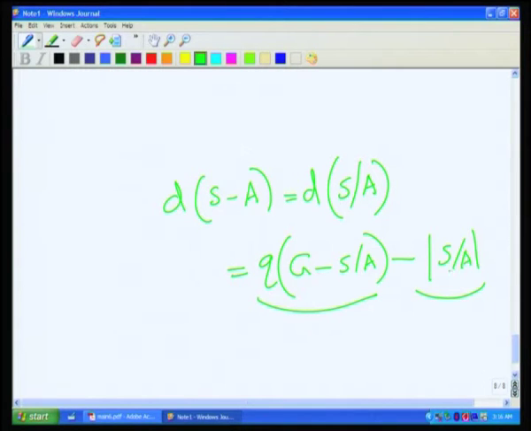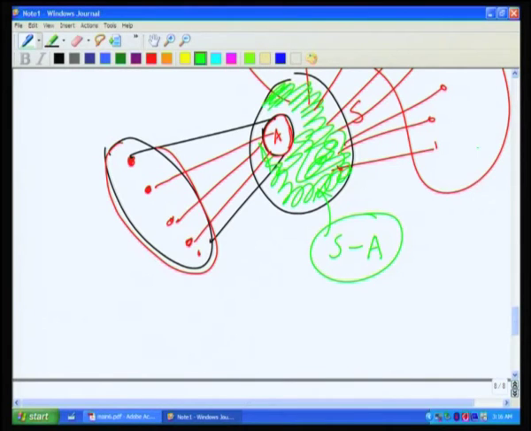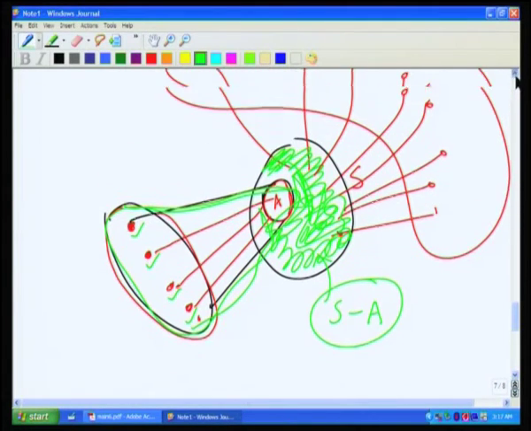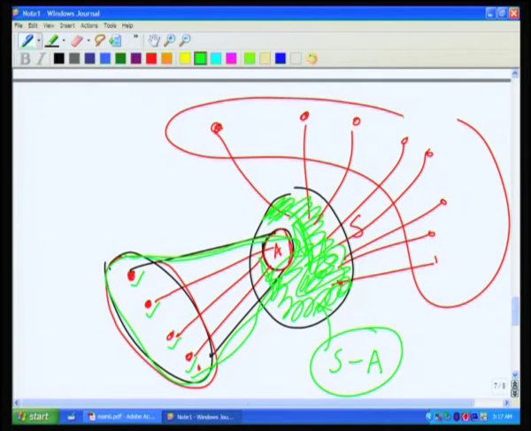Here these components will disappear from my count, because they may not be connected to this. All of this may become a new component, and it may not be an odd component. So, we have to just look at this portion.